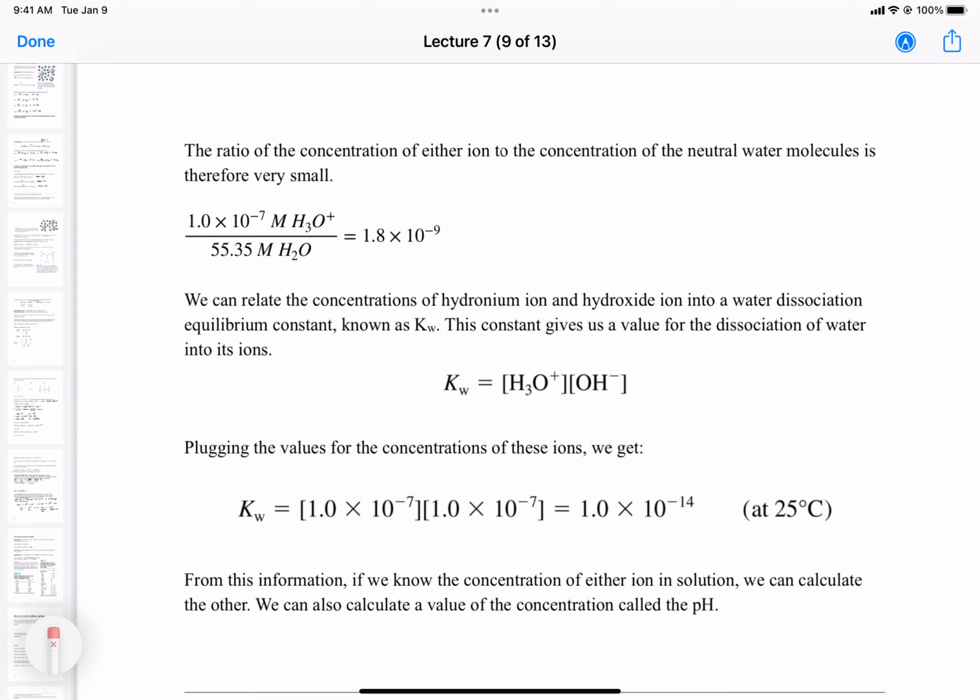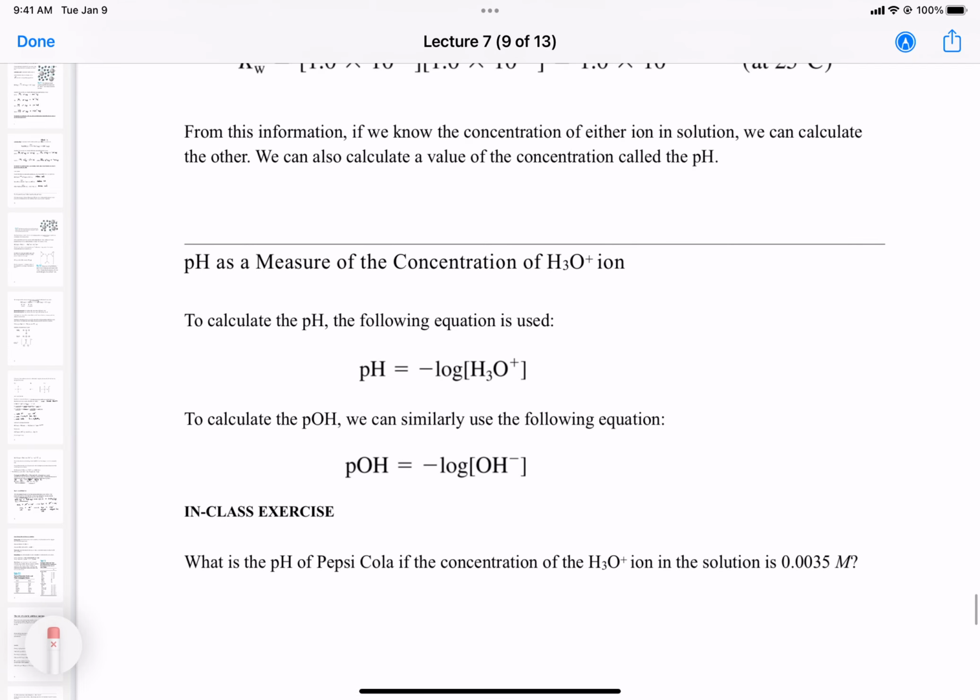We can classify the acidity of a solution based on a number scale, and that's called pH, a measure of how acidic a solution is. So pH is a measure of ion concentration for H3O+. So pH will always be the measure of the H plus ion in solution. It gives us a number scale that's easier to work with than all these small numbers with scientific notation.